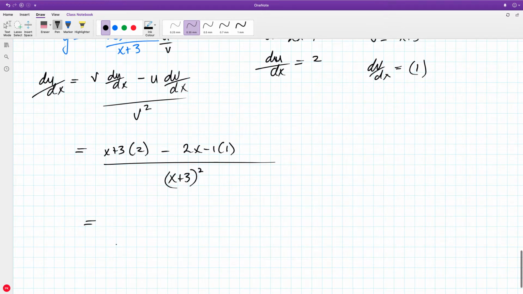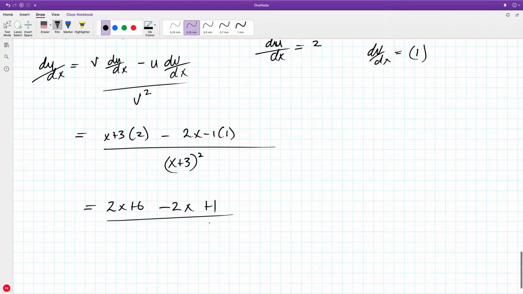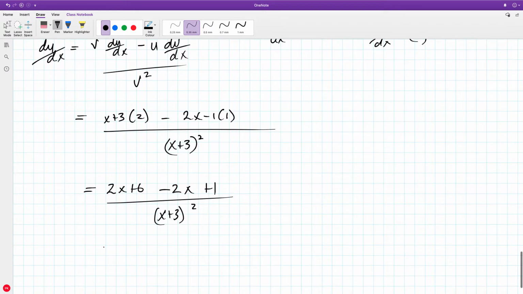So that is 2 by x is 2x, 2 by 3 is 6, minus 1 by 2x is minus 2x, minus 1 by minus 1 is plus 1, all over x plus 3 squared, which is equal to 7 over x plus 3 squared. All happy with that?